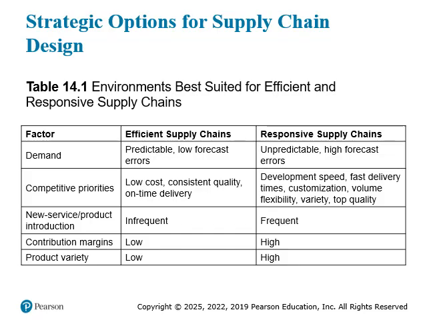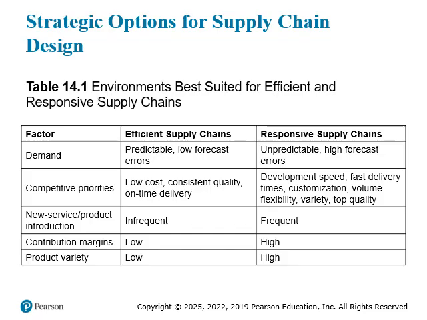So the margin per unit is going to be small in an efficient supply chain, but you're doing such volumes that you make lots of money and recover your large fixed costs with this low variety output. And by contrast, you'll have a high margin because you don't have lots of units with which to recover your costs in a responsive supply chain.